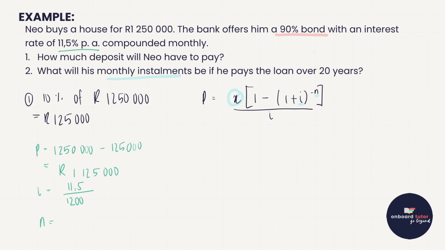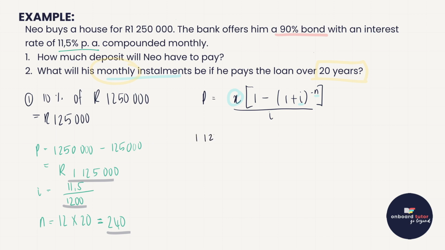Okay, and then finally N, how many installments is he going to make? Well, they tell us in the question that he's going to pay the loan over 20 years, and he's doing monthly installments. So there are 12 months, and he's going to pay off over 20 years, so 240 installments in total. So with this information now, I am able to substitute into the formula, and then we can assess what we still need, if we still need anything, or if we can work things out.